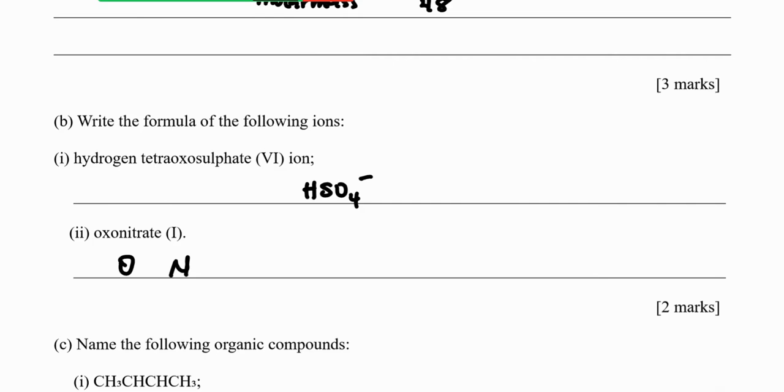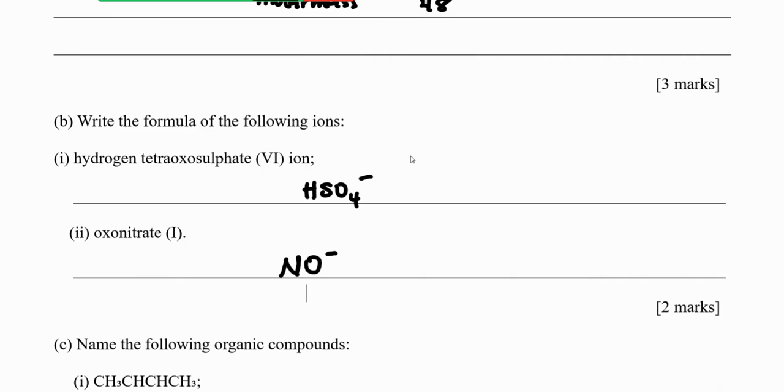We see that nitrogen has a charge of +1, and oxygen normally has the charge of -2. So to properly write this, it would be NO, and the overall charge is more like -2 + 1, which is also going to give us a negative charge. So we just eliminate this, and this is our answer.